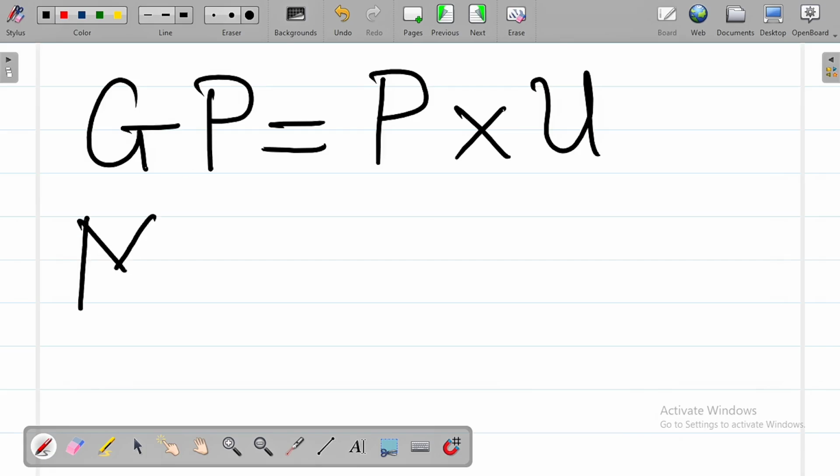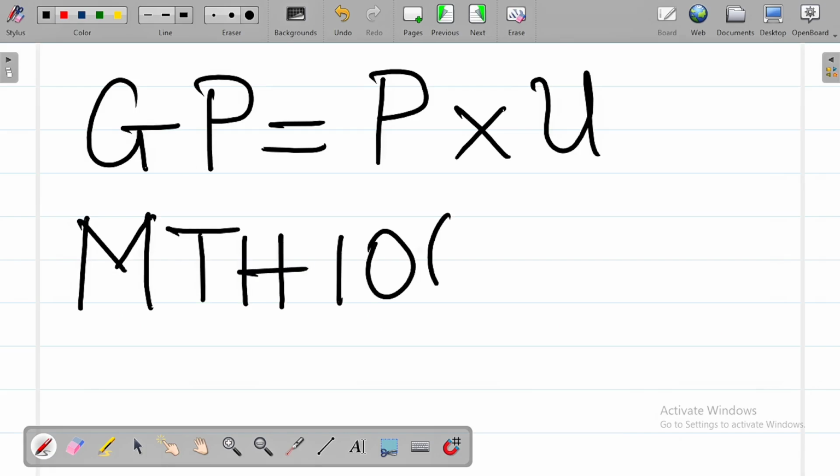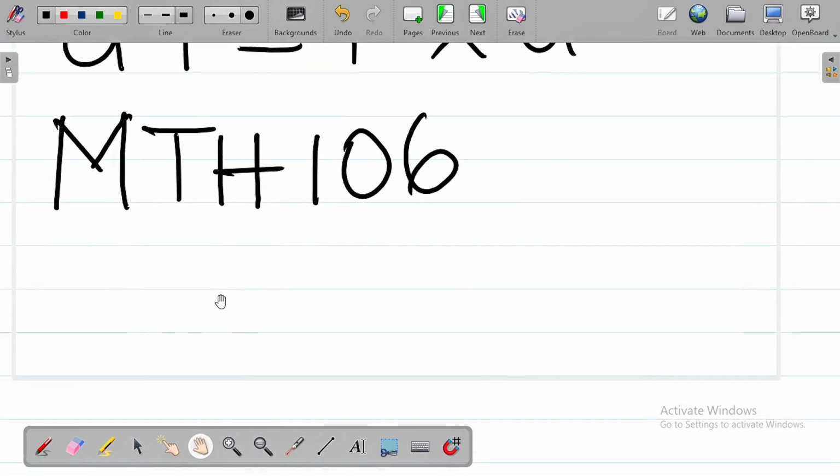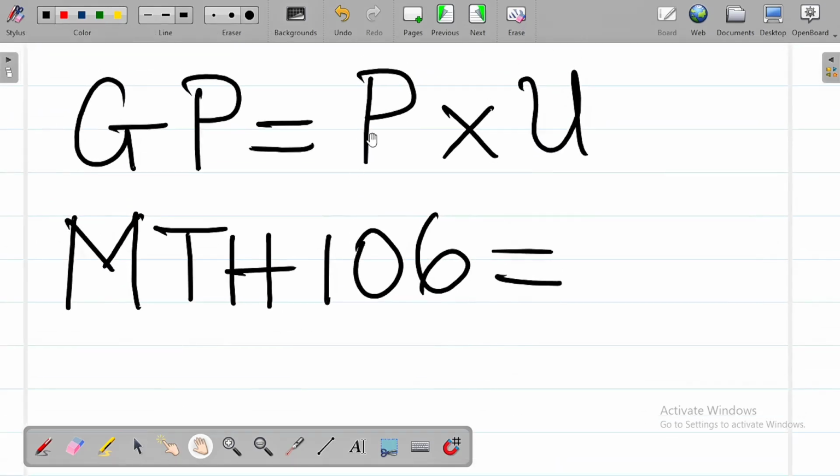So for MTH 106, which is second semester engineering maths, MTH 106 is equal to, what's the point and what is the unit? Let's check.